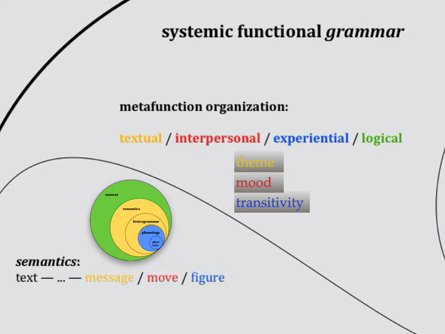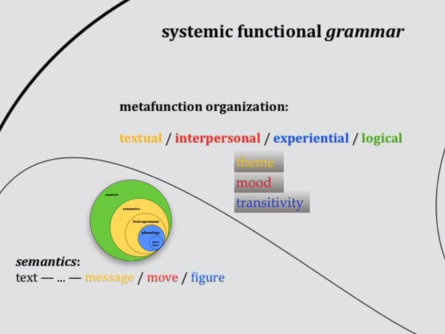So the major systems we'll be looking at are the systems of the clause: textual theme, interpersonal mood, experiential transitivity. And I'll work my way up to a map of this in the form of a function rank matrix in the final segment of today.